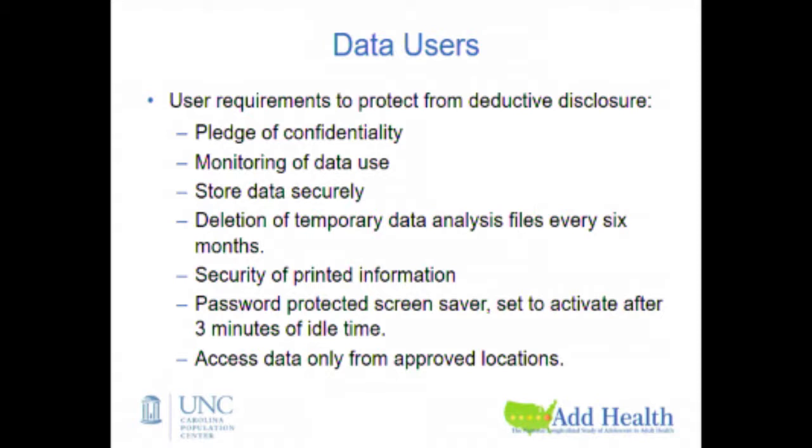We also have some information about printed information. You really can't leave any printed information with a cell size less than 5. There's a password protected screen, and access. You can only access data from approved locations. We only give data to individuals with a postgraduate degree, so students cannot get a restricted data contract on their own.